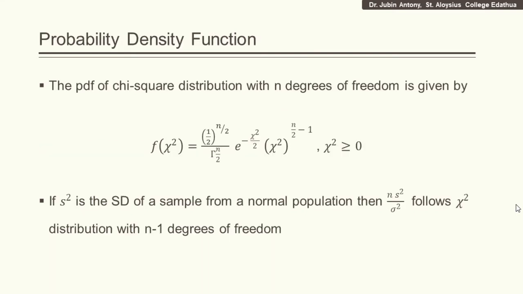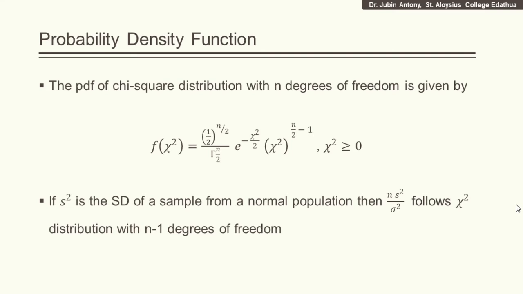The probability density function of chi-square distribution with n degrees of freedom is given by f of chi-square equal to 1 by 2 raised to n by 2 divided by gamma n by 2, e raised to minus chi-square by 2, chi-square raised to n by 2 minus 1.